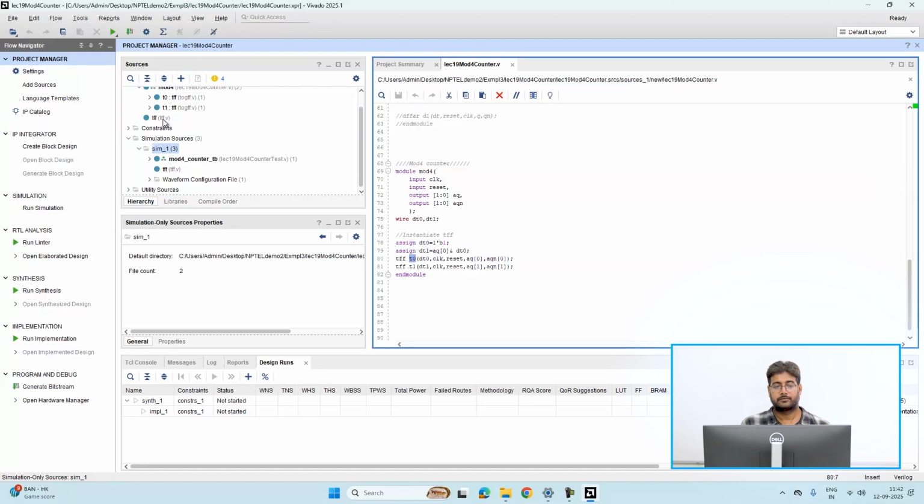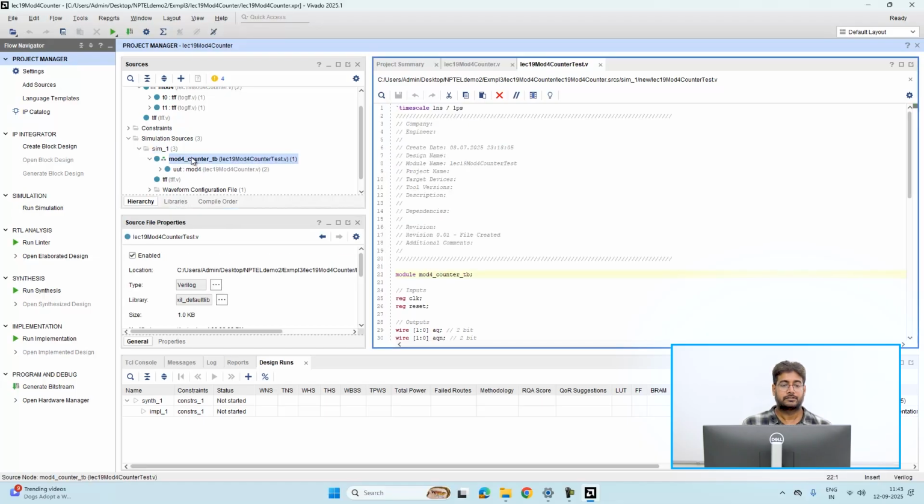It is ANDed with DT0, and this output obtained at the DT1 wire comes as an input to toggle flip-flop 2, and it gives an output AQ1. So basically we have these outputs from the mod 4 counter, which are AQ1 as MSB and AQ0 as LSB.